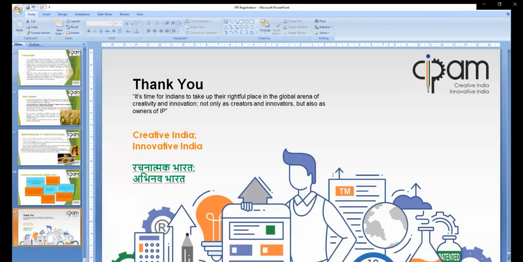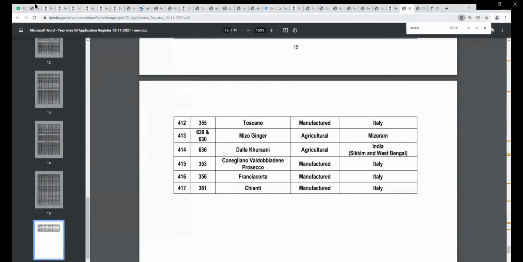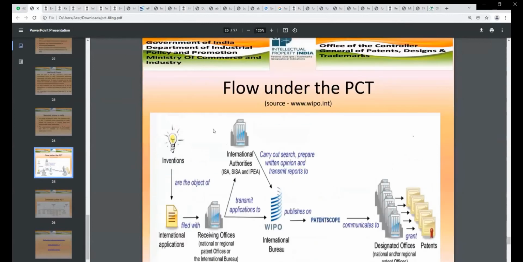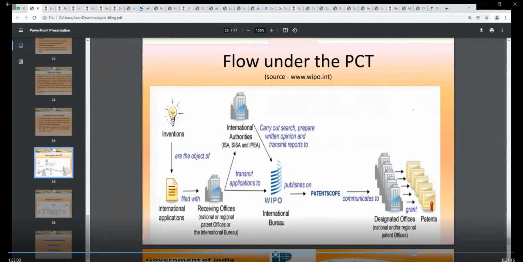So we have a total of 417 GIs registered. If we go, this is the PCT filing which sir was highlighting. Sir has already highlighted it, but I will throw some light on this. For an invention, there is an international filing. In the international filing, the receiving office is the national office.